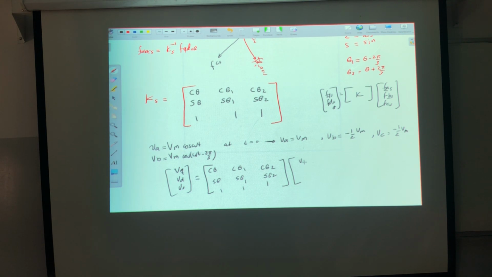Here will be what? VM. Here will be what? Minus 1 over 2 VM. And here will be what? Minus 1 over 2 VM. Good? Yes?